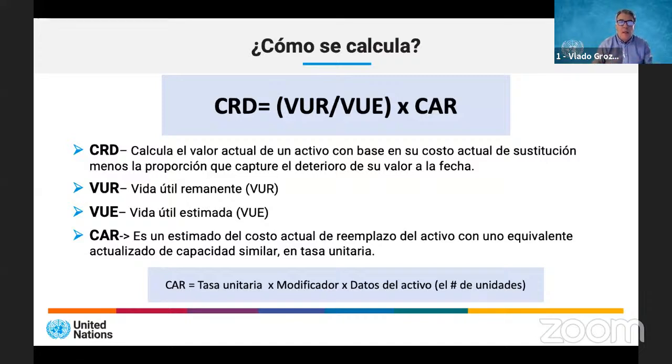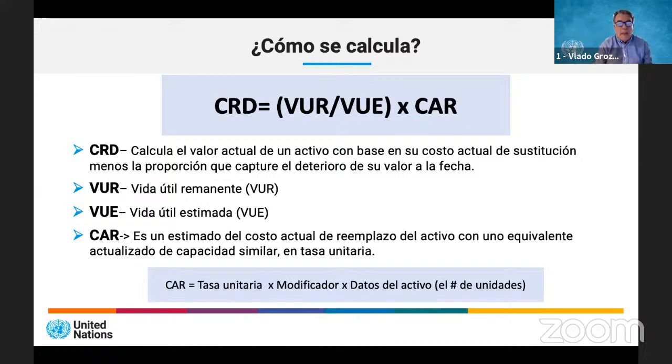How do we estimate current replacement cost? It is the estimate of replacing the asset with a modern equivalent of similar capacity based on unit rates. So to calculate the current replacement cost of an asset, first you need to know the unit rate of that asset, the cost per unit to replace it.